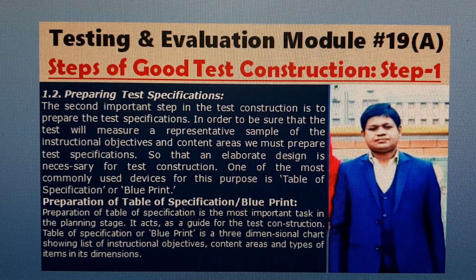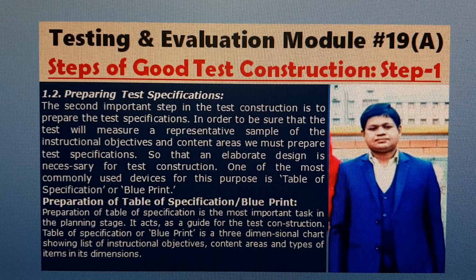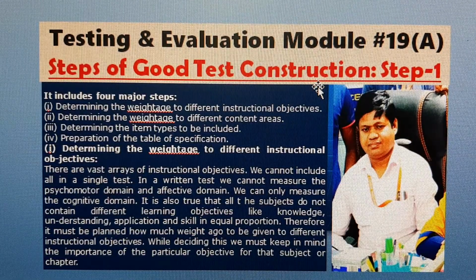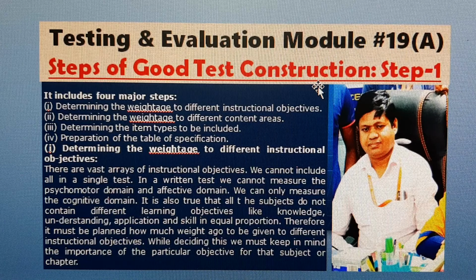It acts as a guide for the test construction. Table of specification or blueprint is a three-dimensional chart showing list of instructional objectives, content areas, and types of items in its dimensions. It includes four major steps.